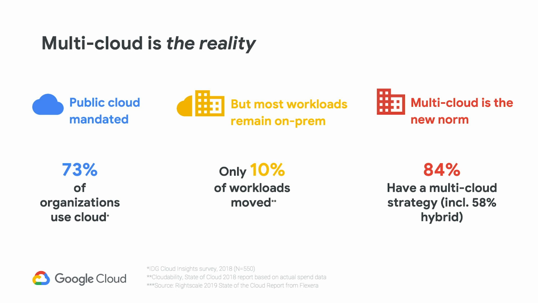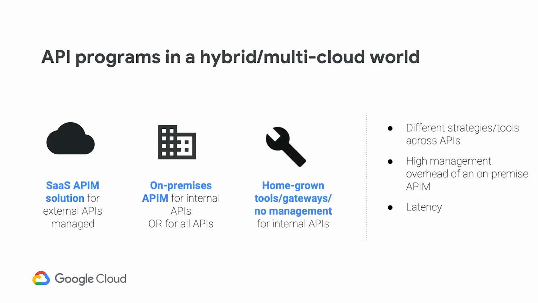What it means for us is that in our enterprises, we see that APIs are going to be in multiple places. Some APIs are going to be on cloud, and usually enterprises are picking more than one cloud provider because they don't want to put all their eggs in one basket. And there are going to be some APIs that are never going to live in the cloud. On premises or some data center footprint is going to be a reality for a lot of these enterprises, and that's not going to change either.